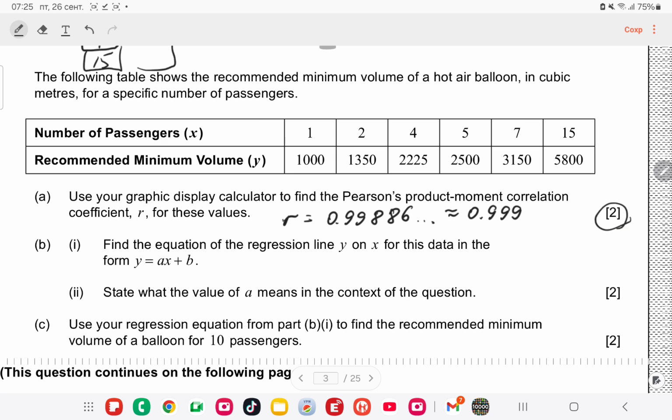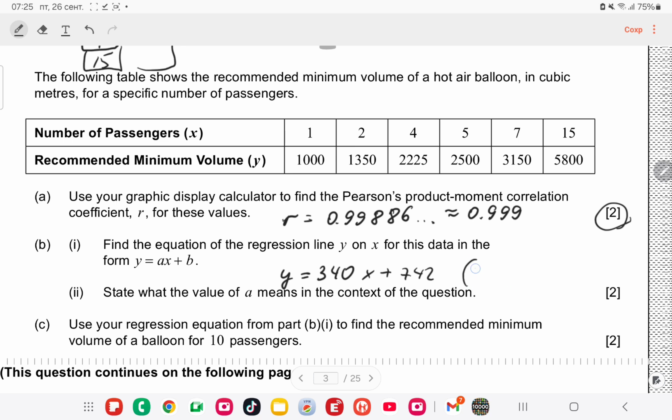Part B: find the equation of the regression line y on x for this data in the form y equals ax plus b. Again, the calculator will give the equation straightforwardly, so it's pretty clear what to do. Just copy what's given in the calculator: 340 for 3 significant figures, plus 742.